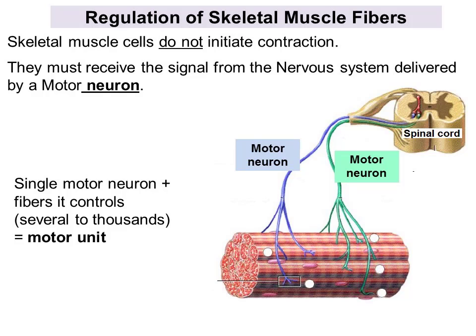So if I am going to do an exercise, do a curl, am I going to have to work as hard to curl the empty bar, which is 45 pounds, or is it going to be harder for me to curl 200 pounds? Well, that's a no-brainer, right? Heavier weight, it's going to require more work.